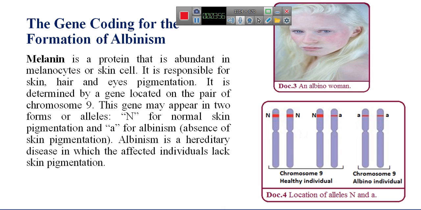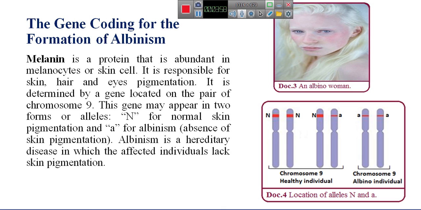Another example to be discussed here is melanin. Melanin is a protein, and this protein is abundant in the skin cells, which are in particular known as melanocytes. This is one category of skin cells found in your skin, and these melanocytes have the ability to produce the protein called melanin.